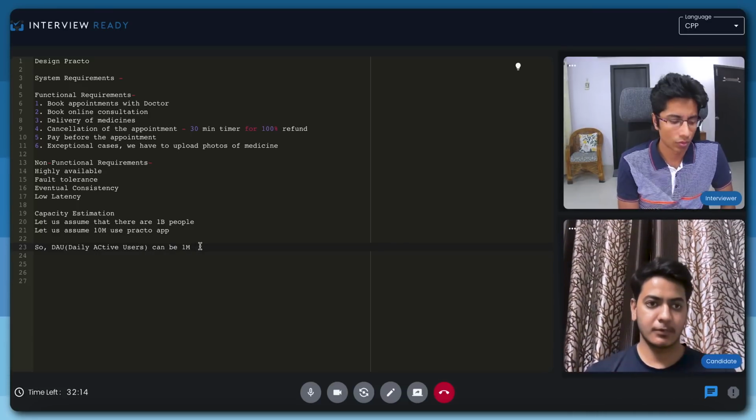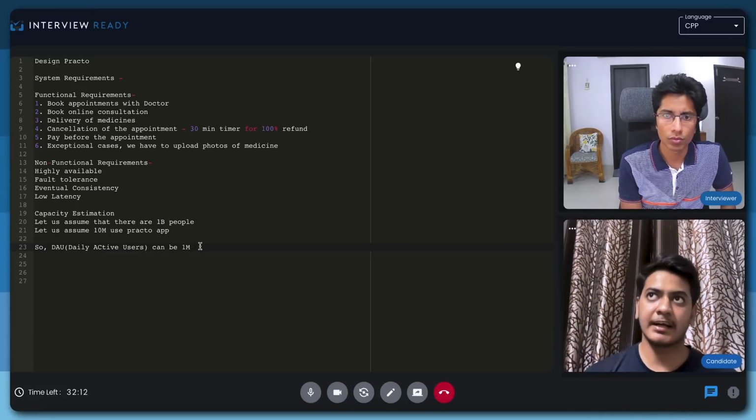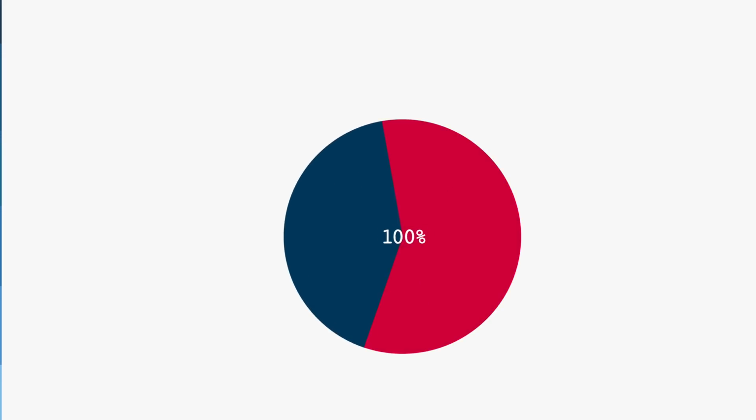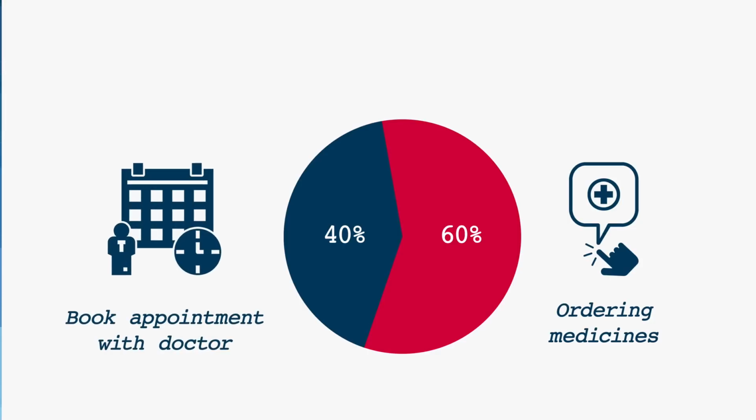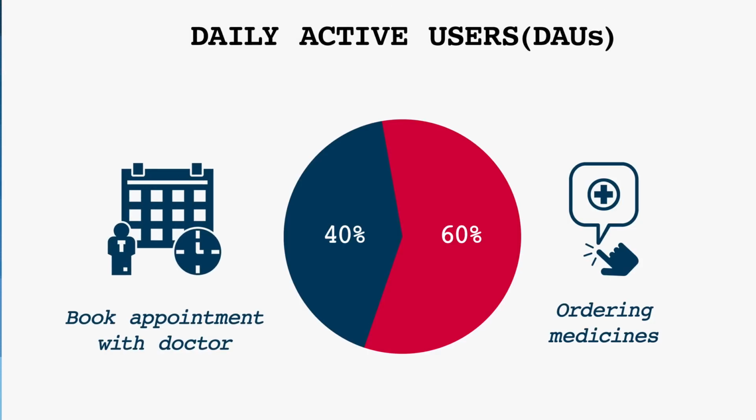Some of them are ordering delivery of medicines. Some are coming and taking an appointment. So the daily active users would be segregated across appointments, delivery of medicines, everything.